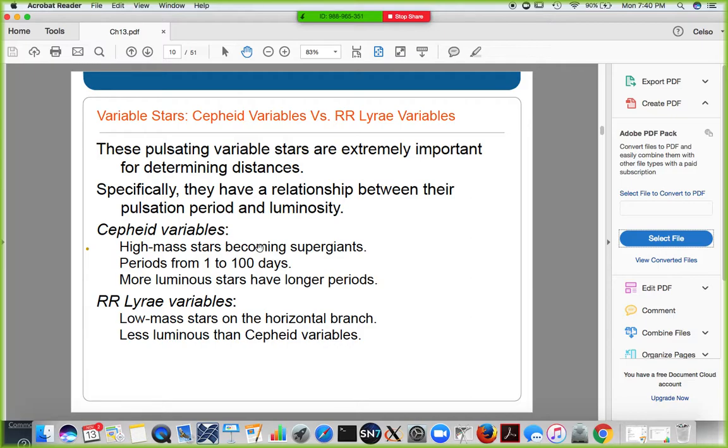So if you happen to observe these stars in galaxies, you can use the property of pulsating Cepheids to estimate how far these galaxies are from us. In fact, that's how Hubble determined how far Andromeda was from the Milky Way.